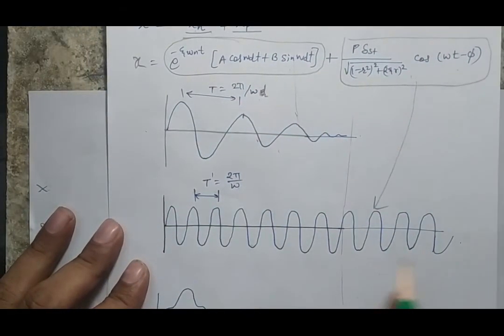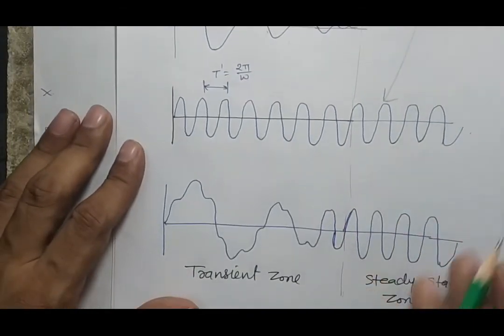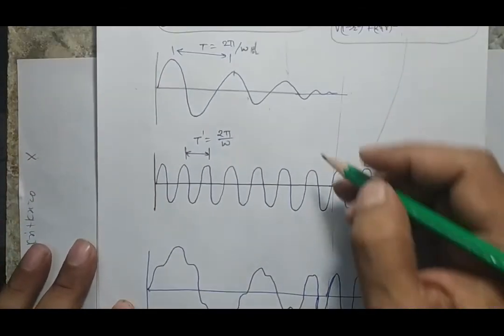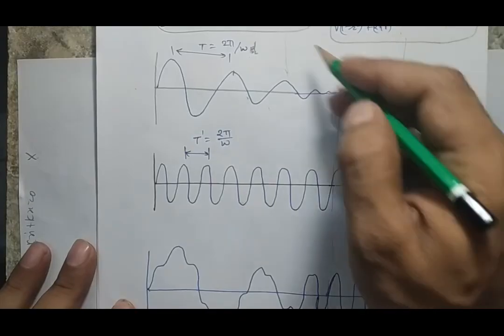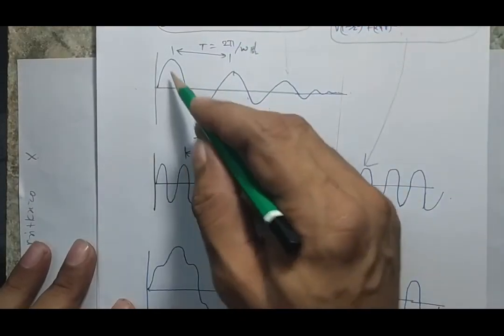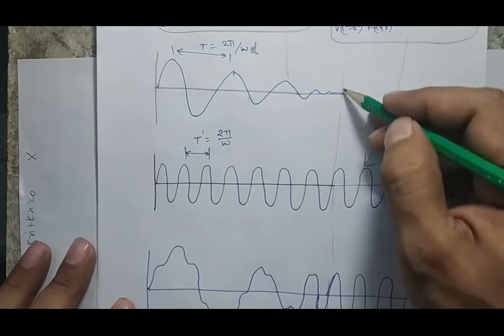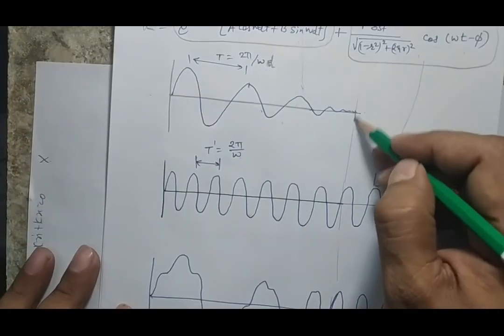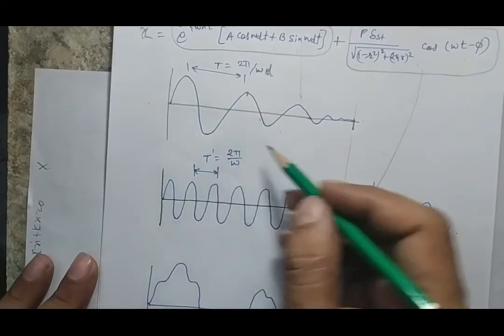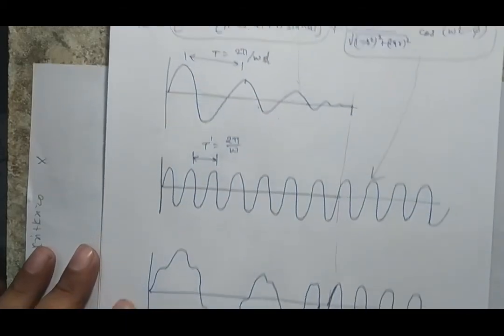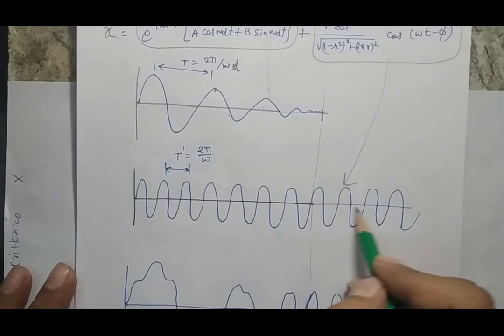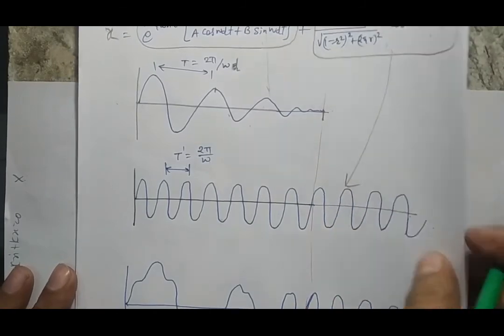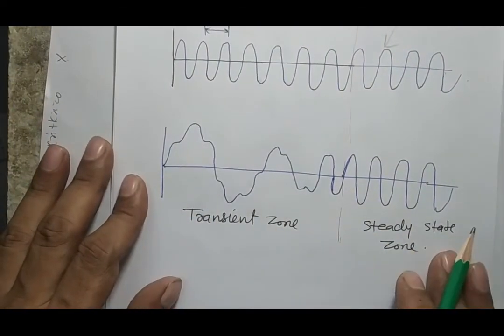But what will happen actually, both will superimpose and finally you will get this response, where till this point my response will have some value, the two will superimpose and my final response will be a combination of these two parts. Beyond that point, when this natural part has negligible amplitude, ultimately only this part will remain in your system, so finally the total response will be in this way.